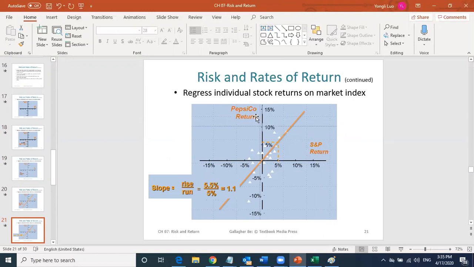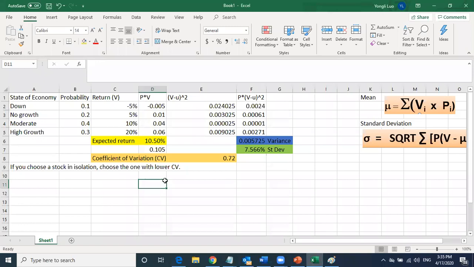For example, Pepsi. You can see the slope is 1.1, which means that when the market return increases 1%, Pepsi will increase 1.1%. So rather than the coefficient of variation, we can use beta to measure the stock.